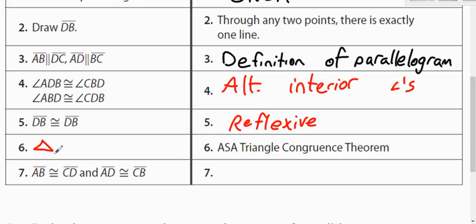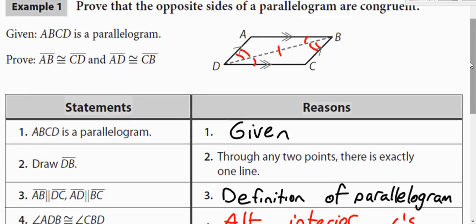Actually, let's go triangle ABD congruent to triangle CDB. It doesn't matter how you name them as long as you name them in corresponding order. So the triangles are congruent now.